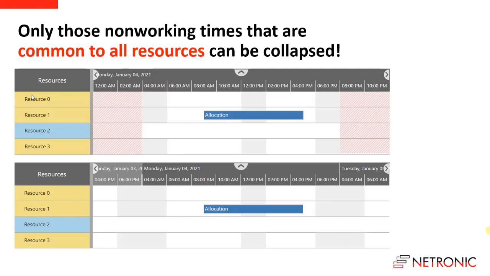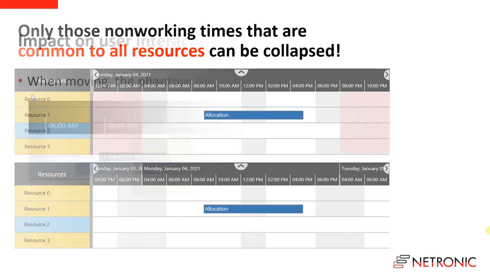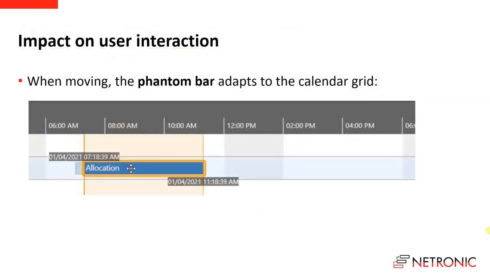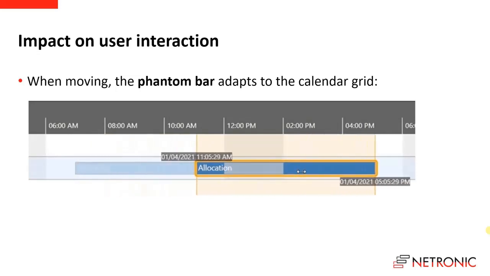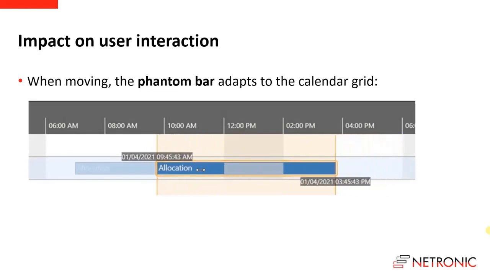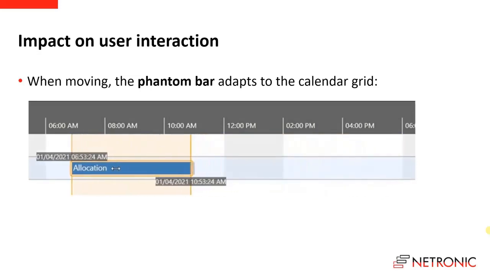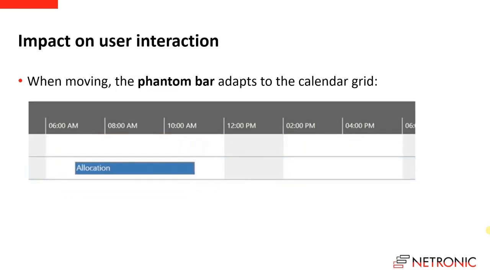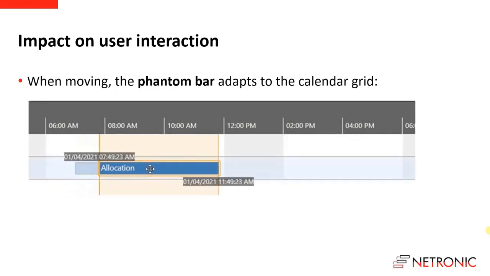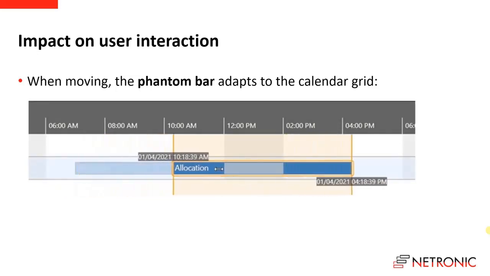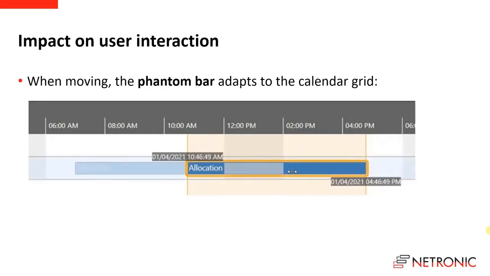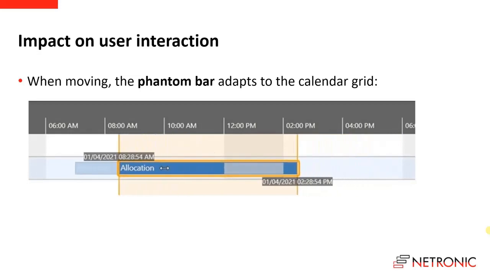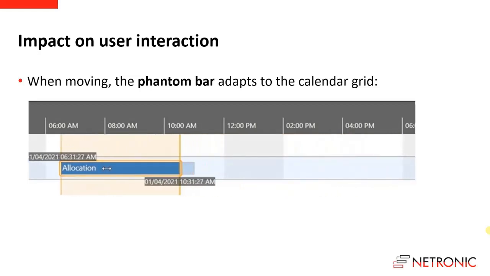Last but not least, let's see the impact of the calendars on user actions. Here in this sample, we see that the user is just moving a bar, and we see the phantom bar of this allocation. As you can see, the length of the bar changes as soon as the bar is crossing the non-working time. So the bar gets longer or shorter depending on its position.